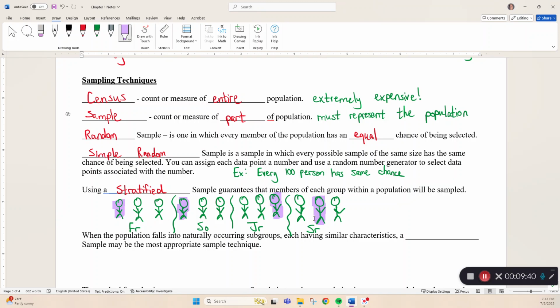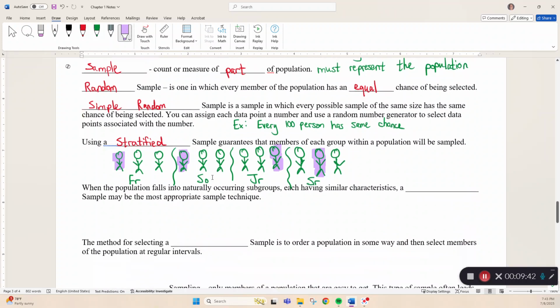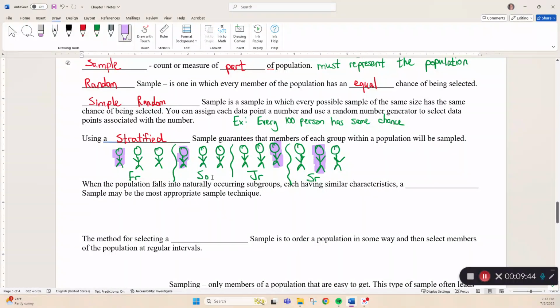Now, another method of sampling is called cluster sampling. So when a population falls into naturally occurring subgroups, each having similar characteristics, a cluster sample may be the appropriate technique.